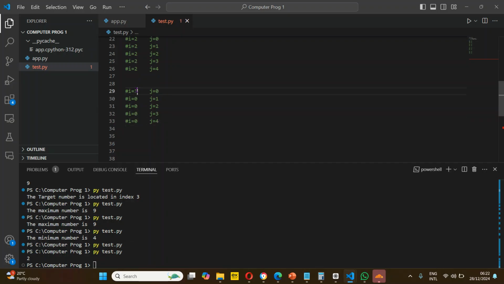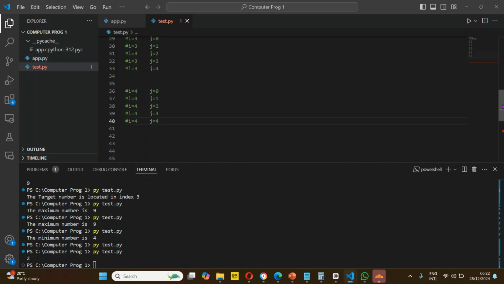When i equal to 3, j runs 5 times. That is how it keeps on going until i ends at 4. When i equal to 4, j again runs 5 times.